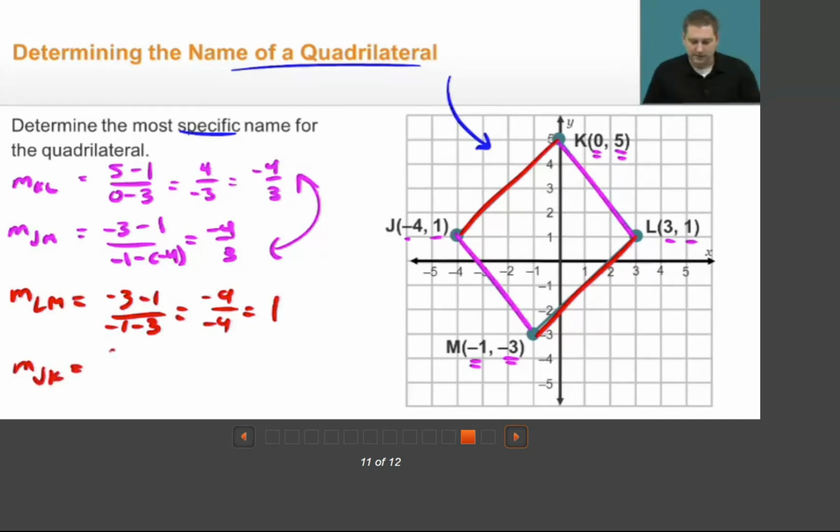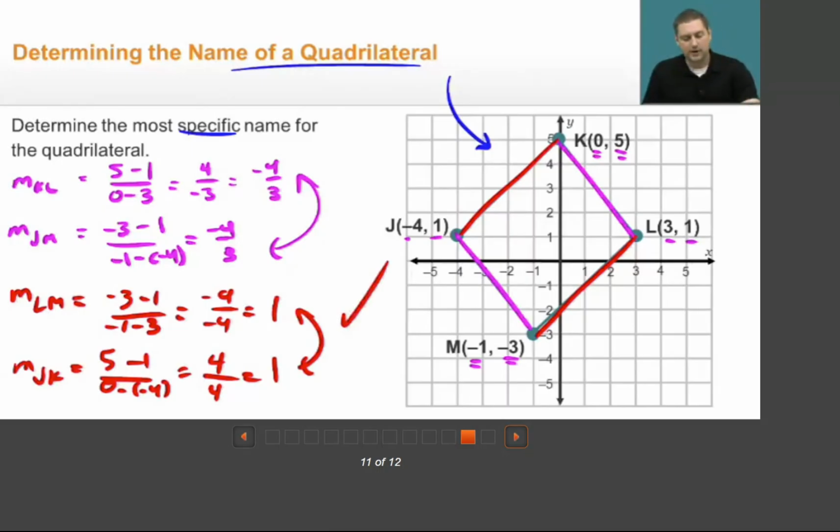Okay, well, that's going to be 5 minus 1 over 0 minus a negative 4. Remember, slope's just the change in y over the change in x. And I'm going to end up with a positive 4 over a positive 4, and yep, I get another slope of 1. So I've verified that this is in fact a parallelogram because I have opposite sides that are parallel.